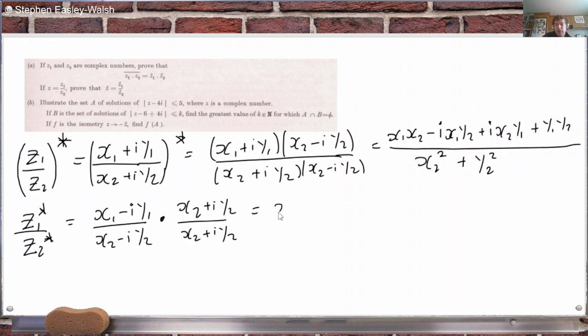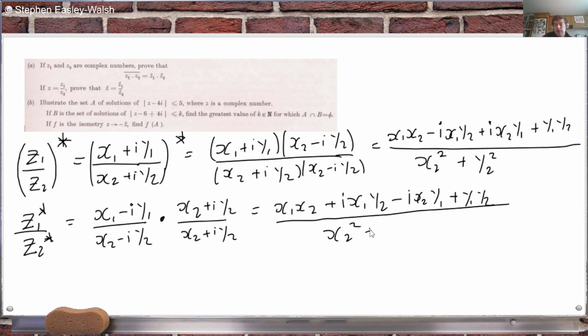So on the top we get X1 X2 plus i X1 Y2 minus i X2 Y1 plus Y1 Y2 over X2 squared plus Y2 squared. Let's check, compare. So I've got an X2 squared, Y2 squared, X1 X2, Y1 Y2, i X1 Y2.